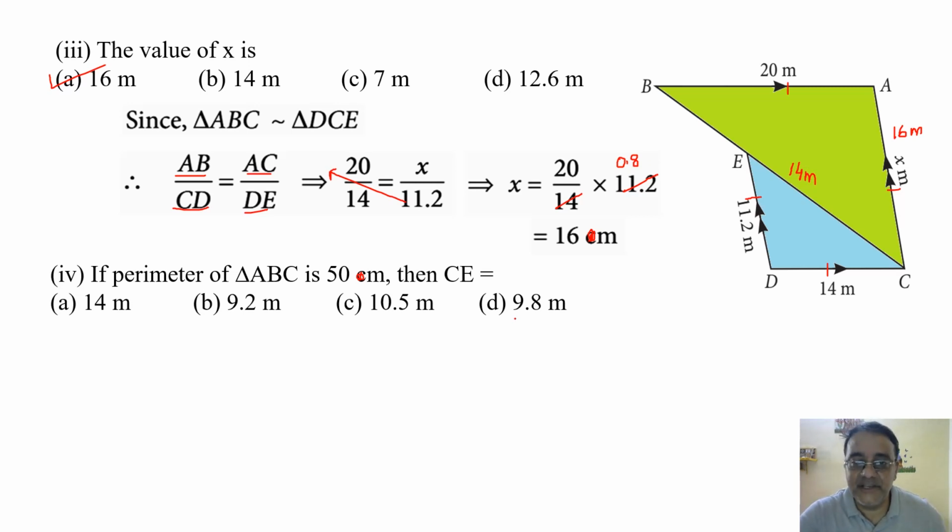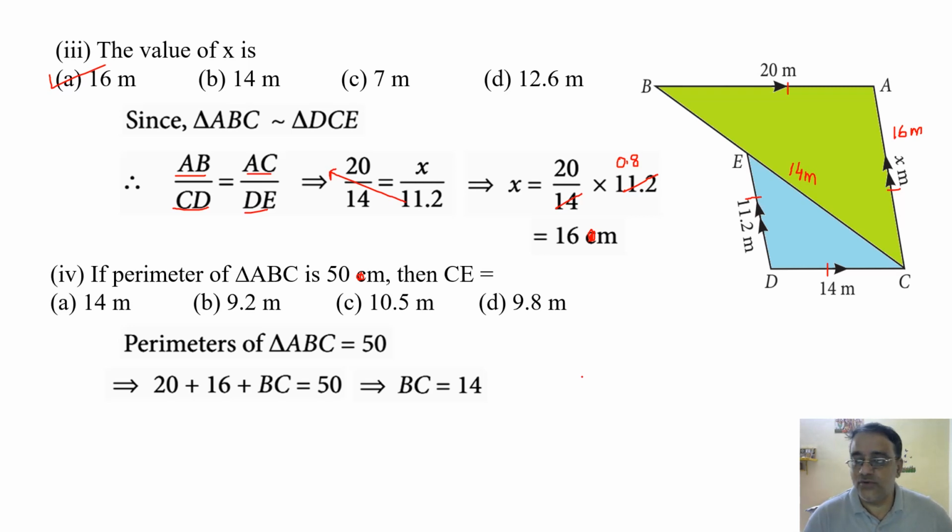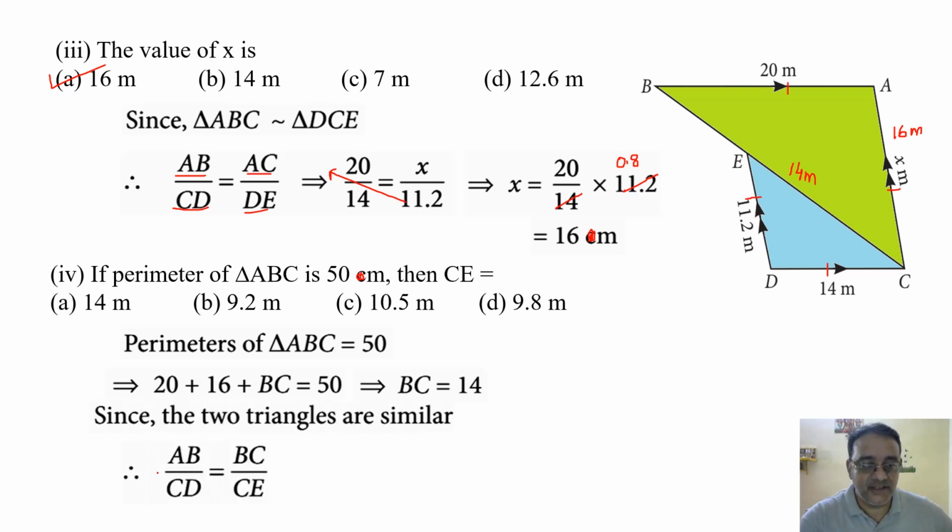Now we have to use similarity again. First we found BC, 14 meter. Now the two triangles are similar, so their corresponding sides are proportional. The corresponding side of AB is CD, and the corresponding side of BC is EC, that is CE. So this ratio is clear. 20 upon 14 and this is 14 upon CE.